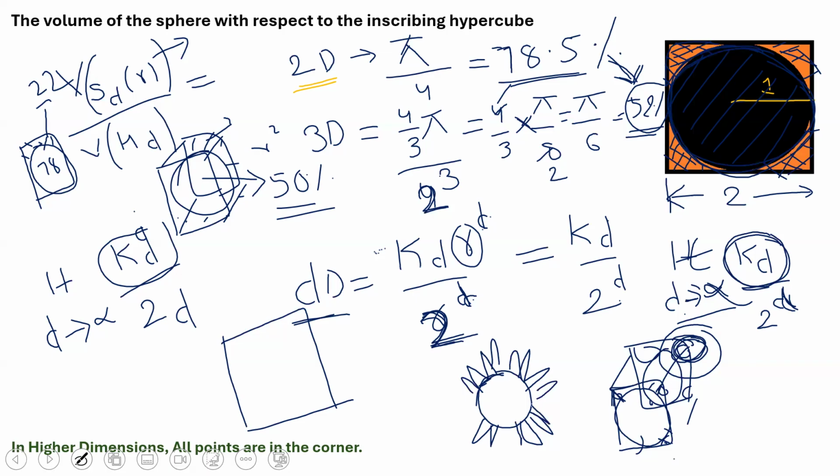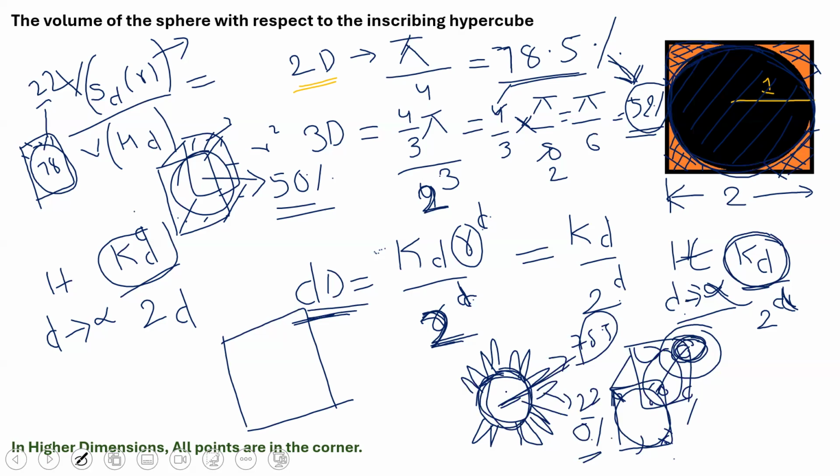So what this says is, in 2D, this sphere is occupying 78.5 percent and these spikes are occupying the remaining 22 percent. When it comes to 3D, the sphere has 52 percent. These corners will occupy 48 percent. When it comes to d-dimensional, the sphere is not occupying any space, 0 percent of the volume.